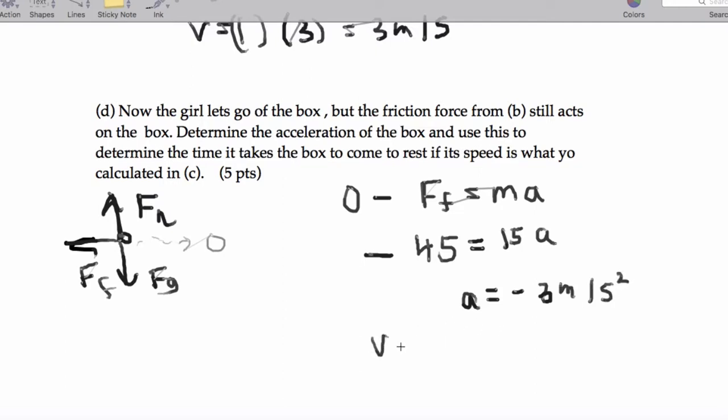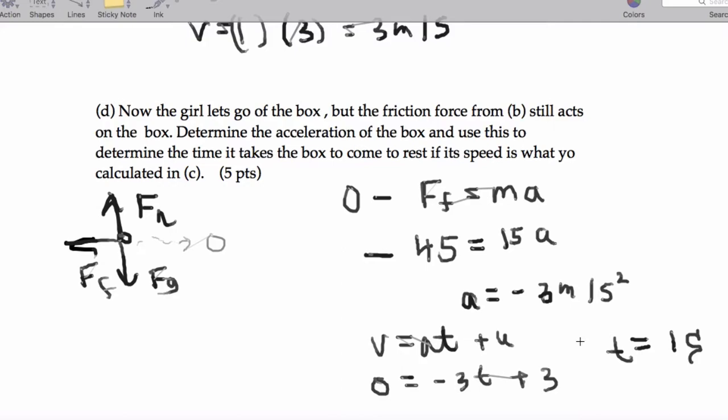And so we can just use V equals AT plus U. 0 equals -3 times T plus the 3 meters per second from before. And that's going to give us a time of 1 second.